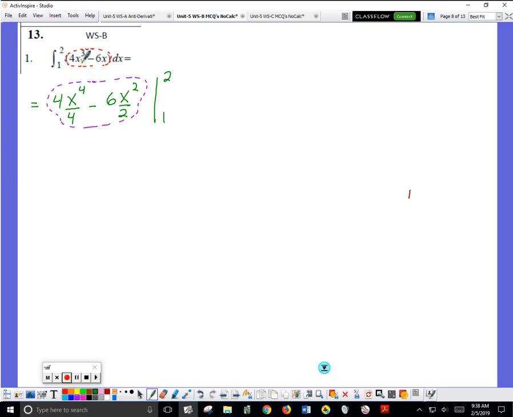So on the green sheet, the very first rule says the antiderivative of x cubed will become x to the 4th over 4. There's the minus. 6 is a multiplying constant. This is x to the 1st. So the first rule on the green sheet says the antiderivative of x to the 1st is x squared over 2. Okay. So now I have f, I need to plug in the 2 and the 1. Since I'm using the fundamental theorem, which says this. 2 more for Rachel.